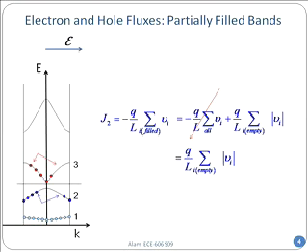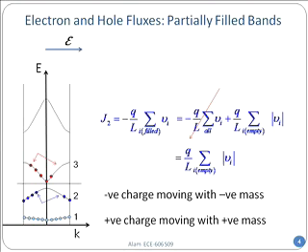So that conceptual framework gives you the idea of why the charge is positive and why they move in the same direction as the electrons do. The empty states move in the same direction as the electrons do. Now, this is a very important concept, and I hope you'll spend some time thinking about it clearly.